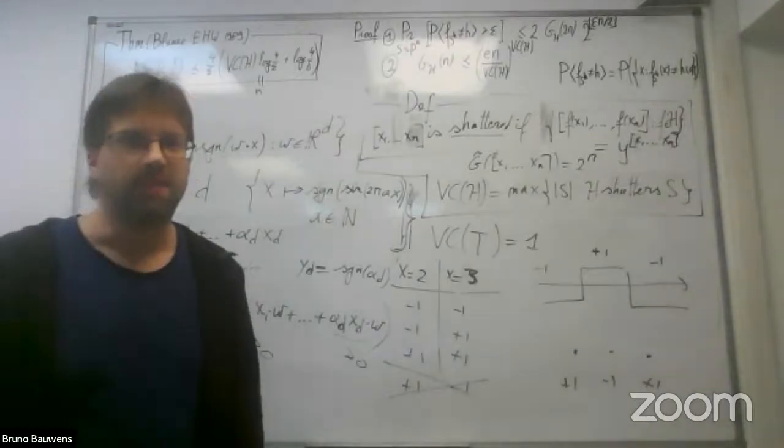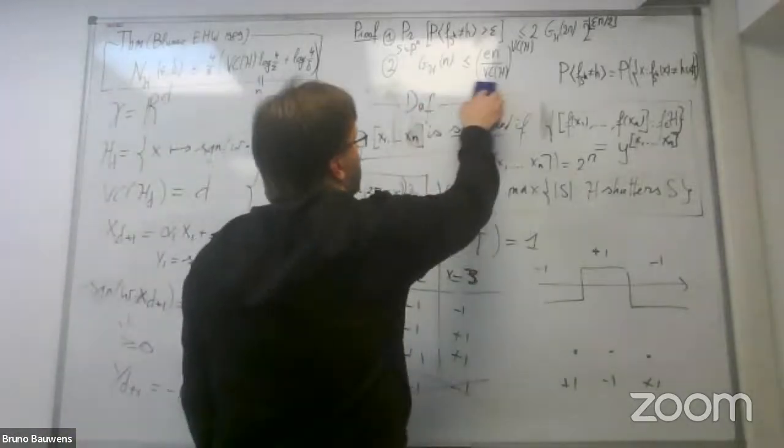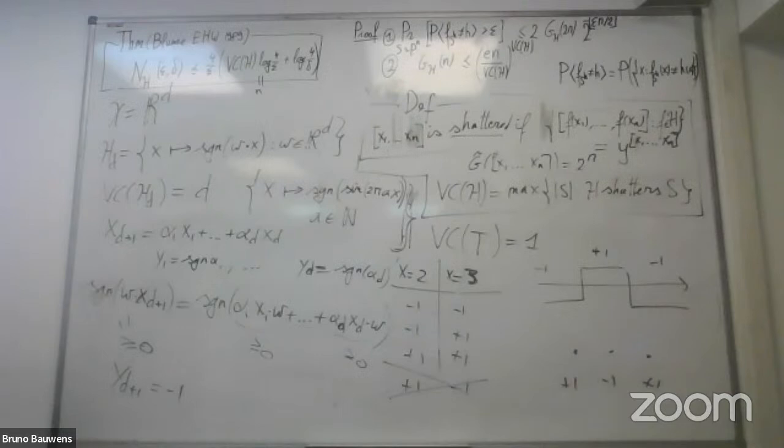Yes, and now the last task, we need to prove this inequality. And also, I didn't have time to look at it. Well, I will. In the notes there is a part about balls in R^D. You need to read it by yourself. And now we will have this amazing bound.